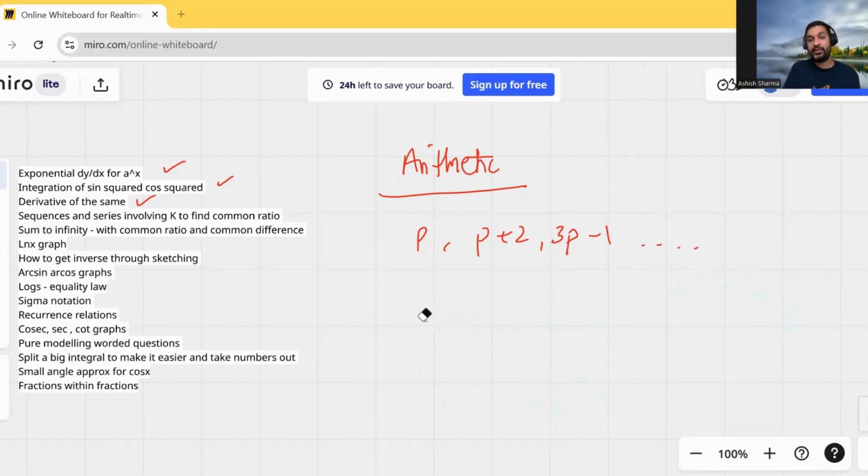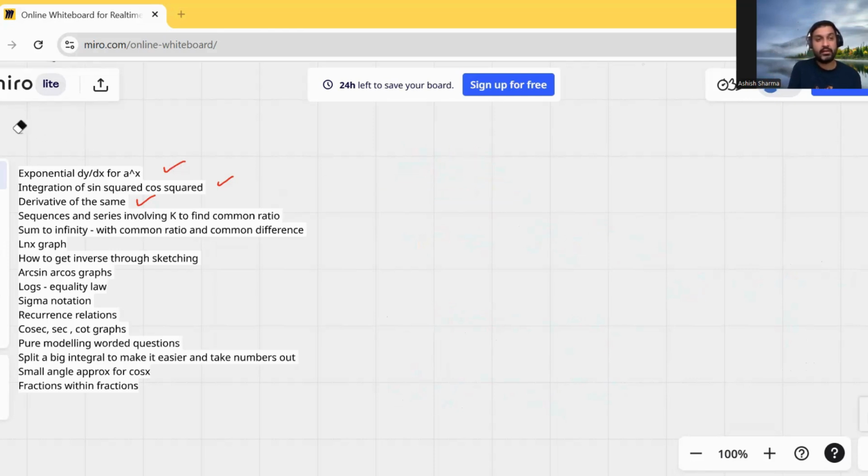So if I had a geometric sequence, let's say I've got something like this: k, I don't know, 2k squared plus one.